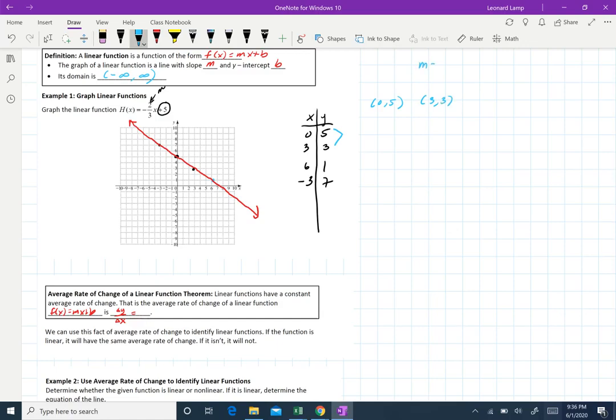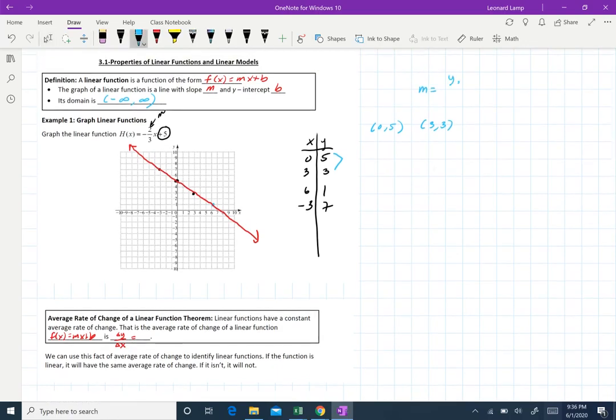Remember, the slope between 2 points can be found by y2 minus y1 over x2 minus x1. So we just have to label them. If I label this x1, y1 and this one x2, y2, we shouldn't be shocked that our slope should be negative 2 over 3 because we already know that from the graph. I'm just showing you the process here. So the slope is (3 - 5) over (3 - 0), negative 2 over 3.